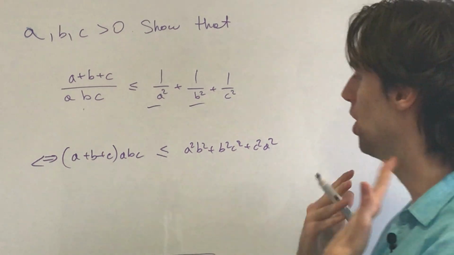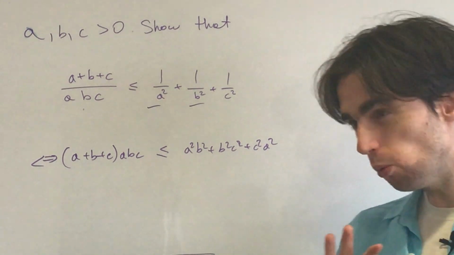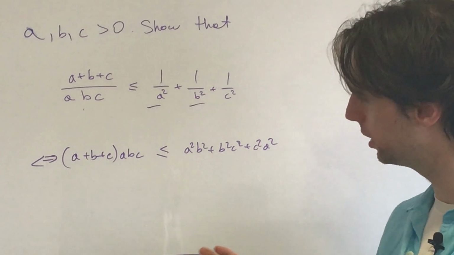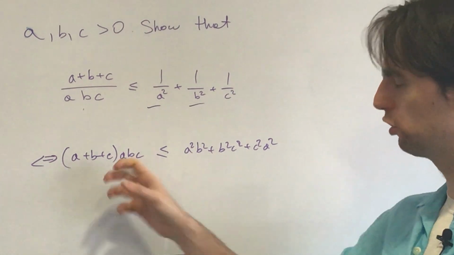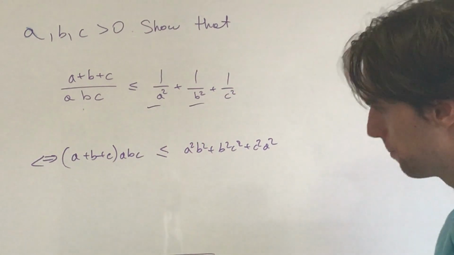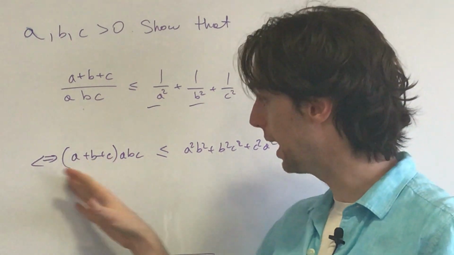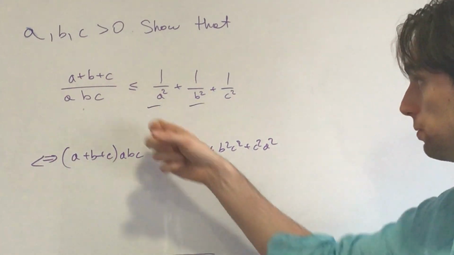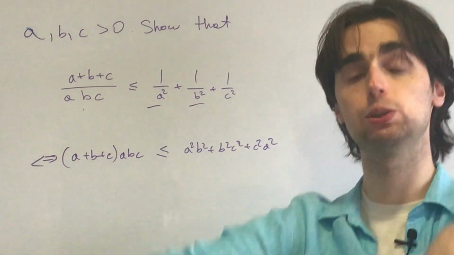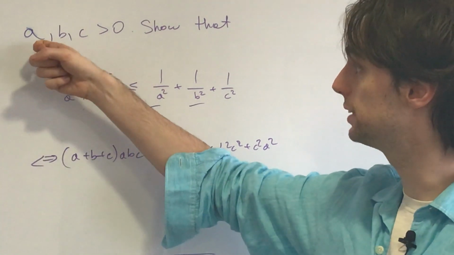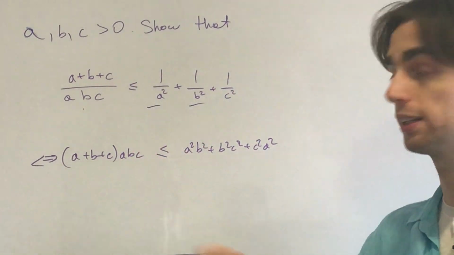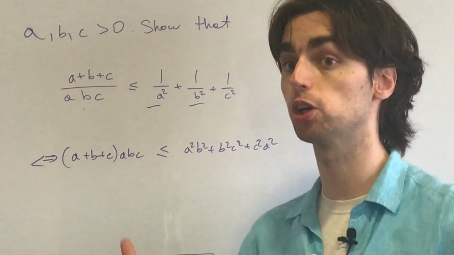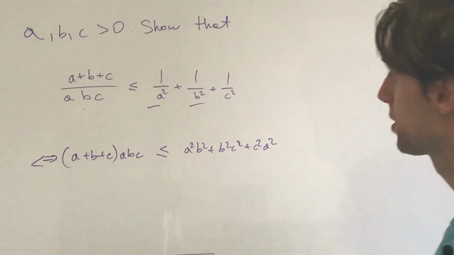And now I saw, oh, this is somewhat a well-known inequality. Not this per se, but a version of it is well-known. We have this thing right here that we need to prove. The reason we can multiply is because a, b, and c are all positive real numbers, and so their product is a positive real number, ergo we can multiply everything out.